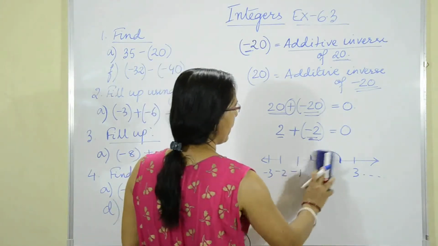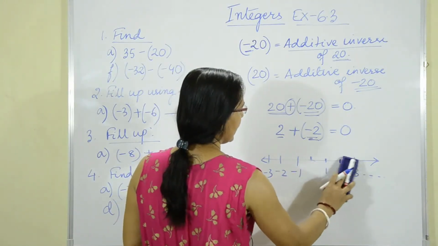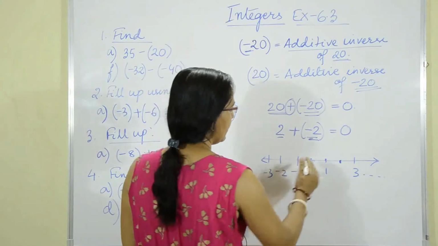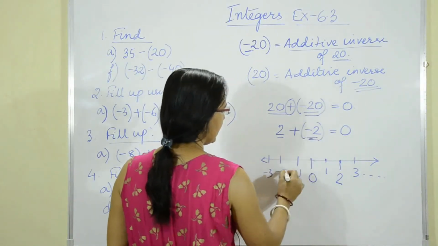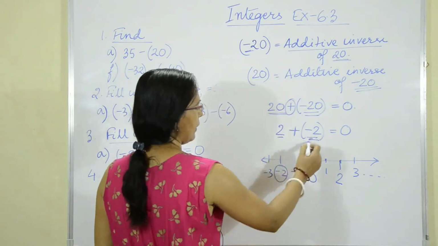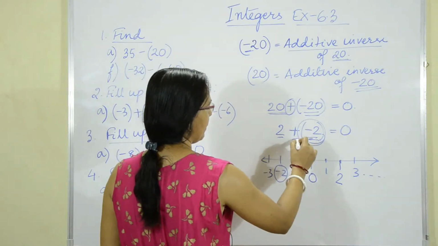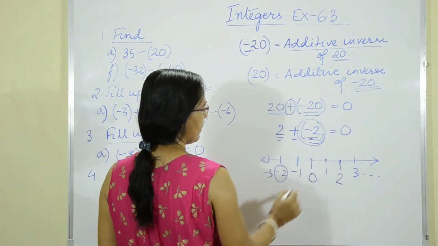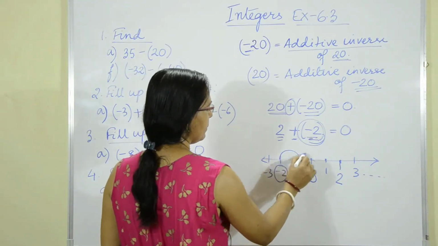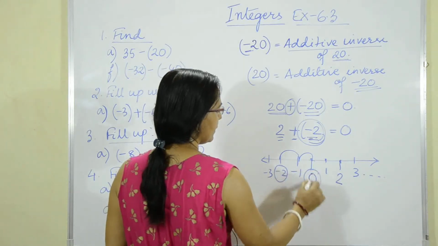I will have to move backward, and that is why I get 0. Now had it been, so this is 0 again and this is 2. If I take minus 2 and then I am adding 2, now 2 is ahead. I will have to go ahead. How many times? 2 times. 1 time, 2 times. Here again I get 0.